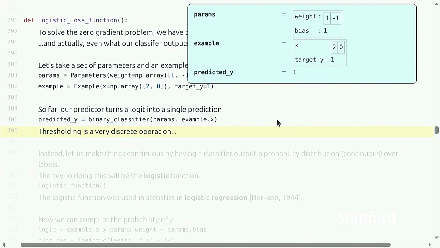And it is really in this binary classifier where things have gone wrong. Because the binary classifier produces a predicted y, and there's no margin. It got swallowed up. So I've lost already if I'm outputting just a single prediction.